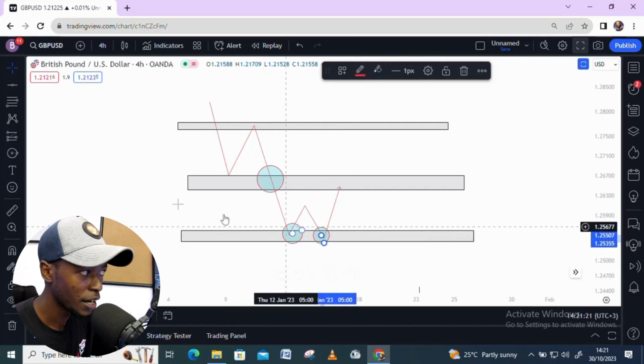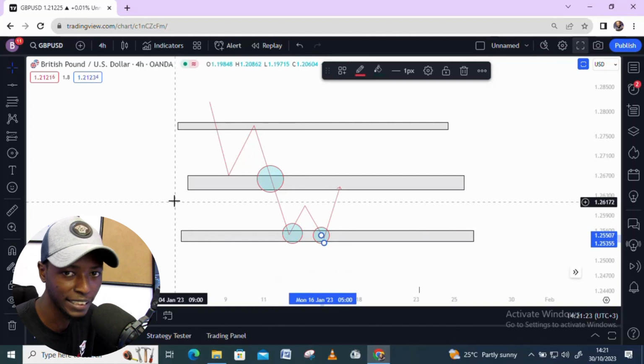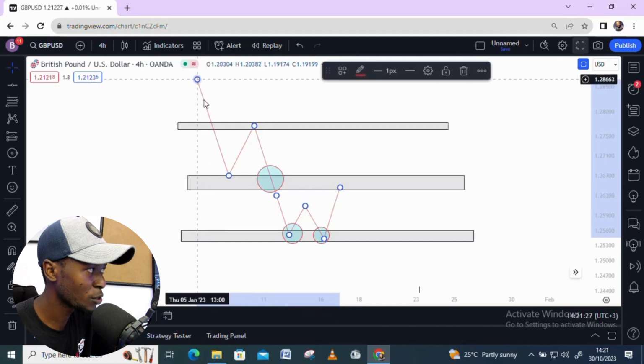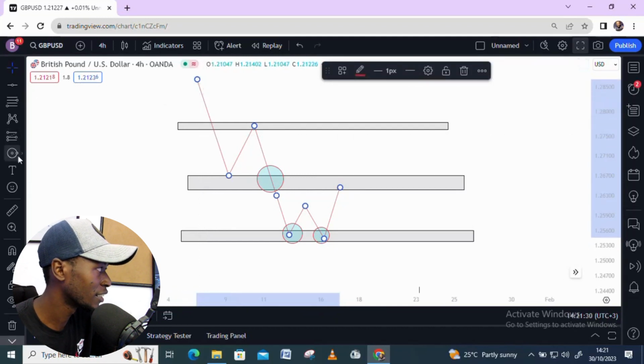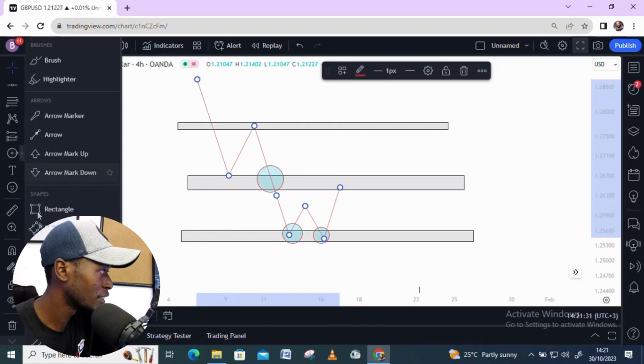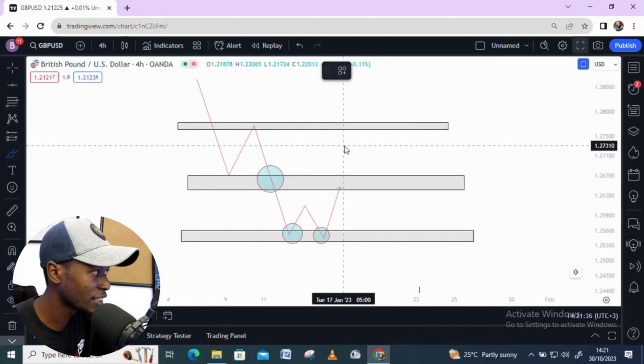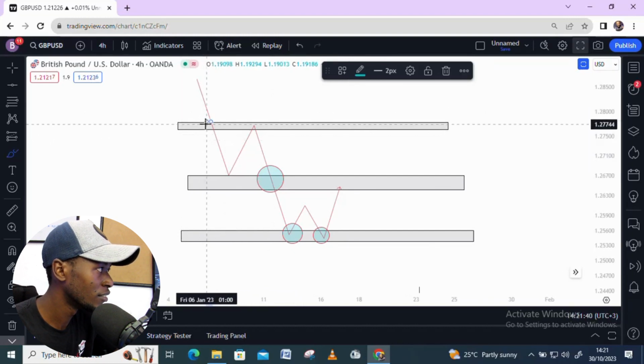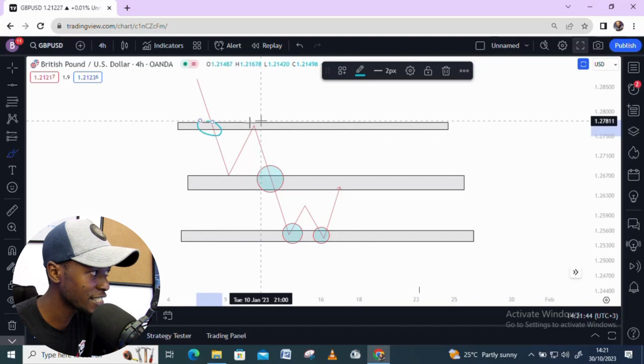Or break and retest. For the break and retest, this is the break, and this is the retest.